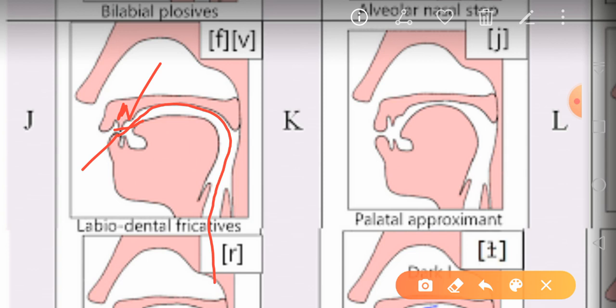Rather the passage is narrowed down, and the outgoing air experiences an obstruction, restriction or constriction, and this way a whispering sound is produced.